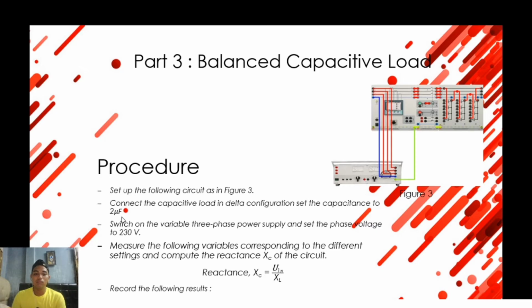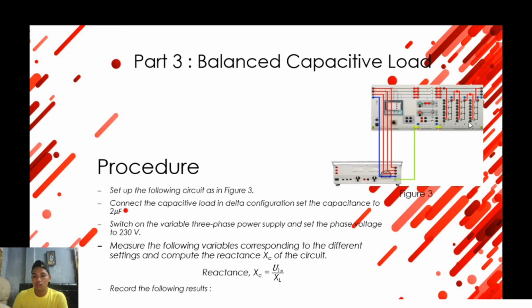We need to connect the capacitive load in delta configuration. The delta configuration is this one. Then set the capacitance to 2 microfarad, so all the capacitances are set to 2 microfarad.